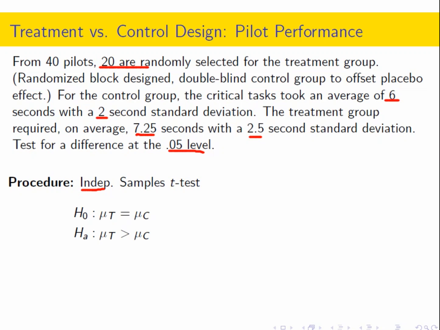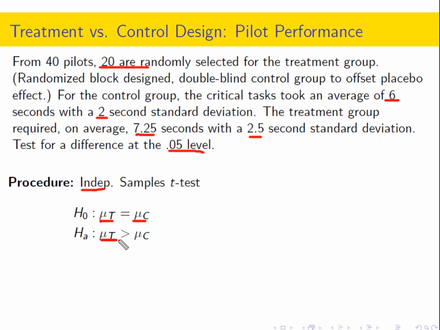So here's our setup. Now we have these symbols. The mu sub t is the average response time in the treatment group, and mu sub c is the average response time in the control group. And the concern we have, so this is what we're testing.